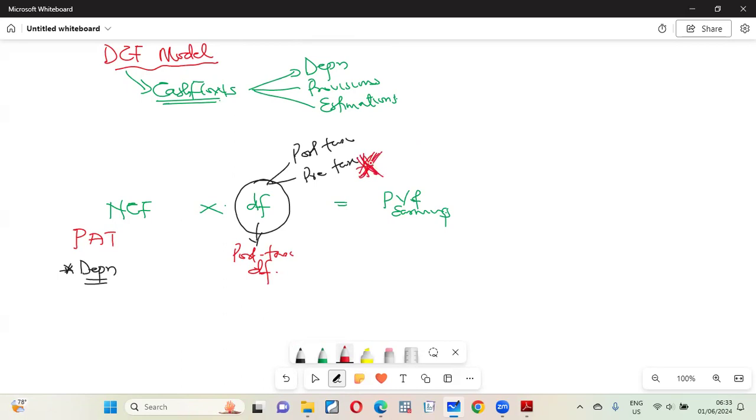We use post-tax. Apart from business valuation, any other thing you do in corporate reporting or financial reporting, you will be using pre-tax.